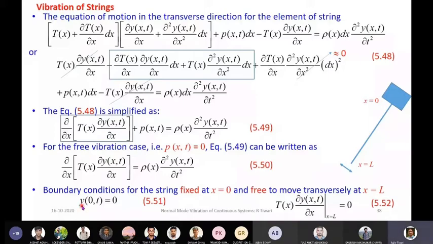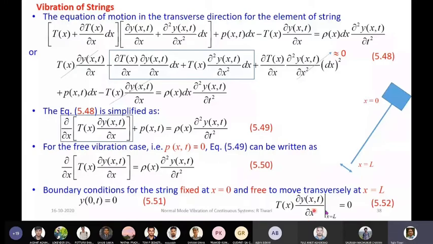Here it is free to vibrate in the transverse direction. Once it is free, it cannot take any load from the support, because there is no support. So there is no reaction force here, because we are talking about free vibration, not any external force. This is that particular component of the tension in the transverse direction.